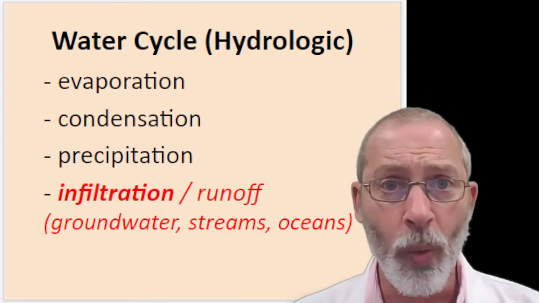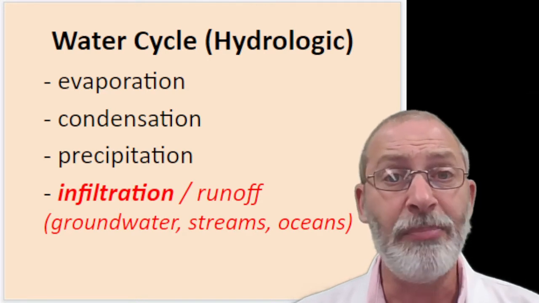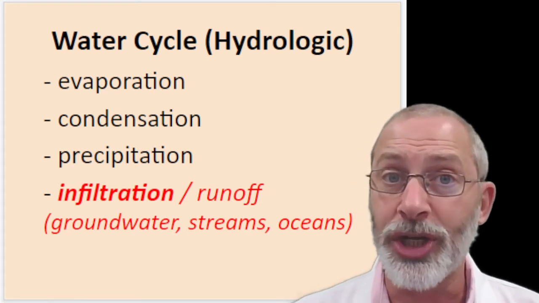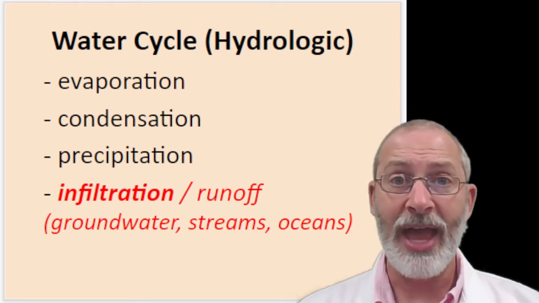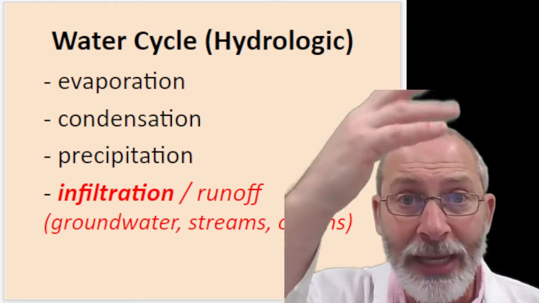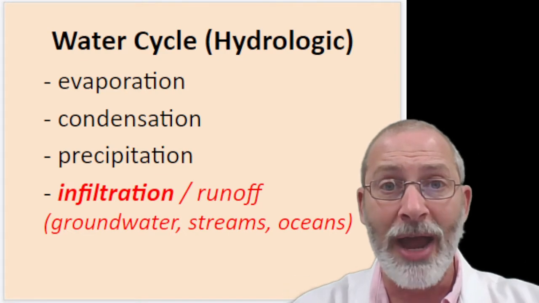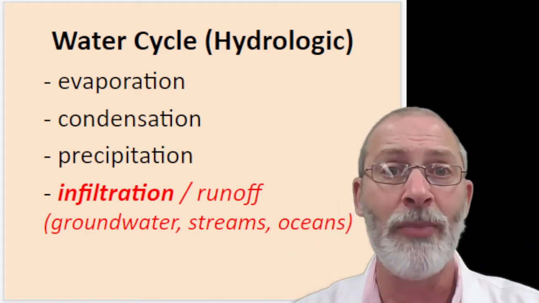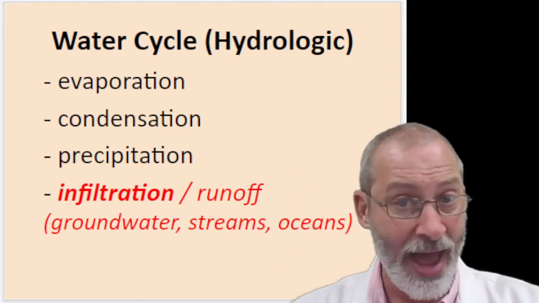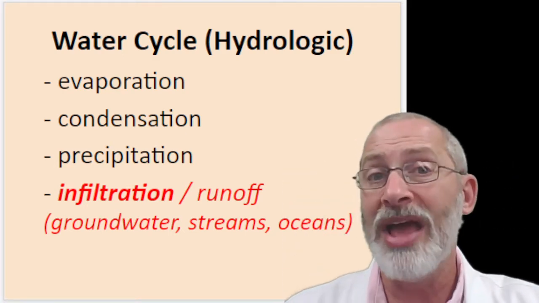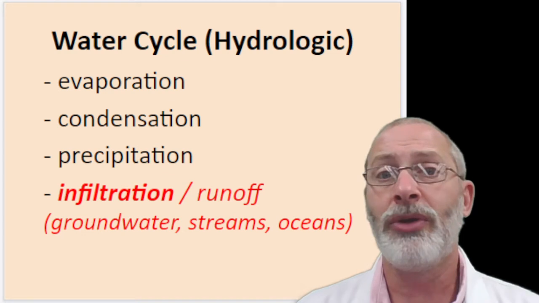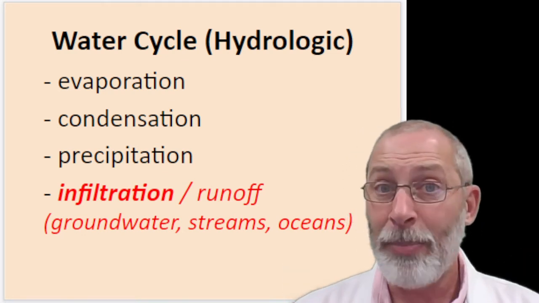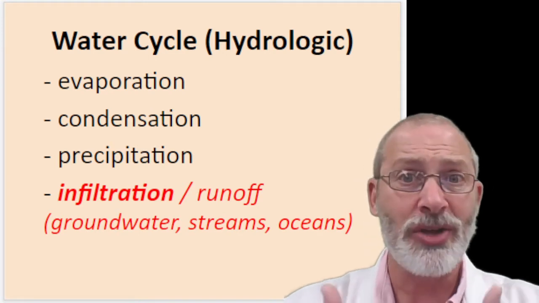And our well water is dependent upon the rate of infiltration. In other words, we have to have a certain amount of rain falling down onto the ground, and the ground has to absorb that moisture, and gravity pulls it down into a reservoir under the ground called an aquifer. And that has to happen at a faster rate than we suck the water out.